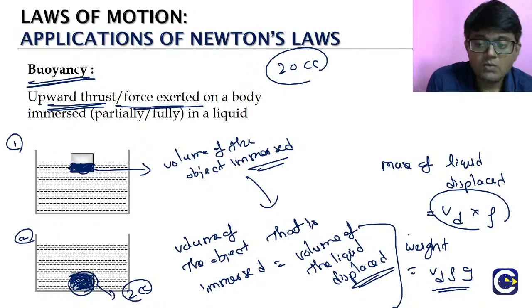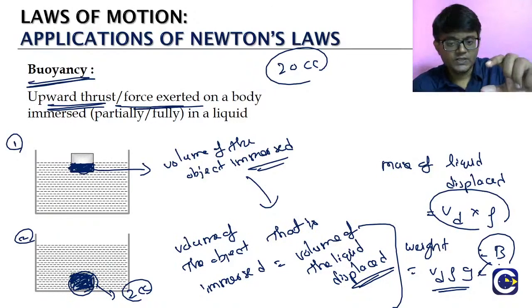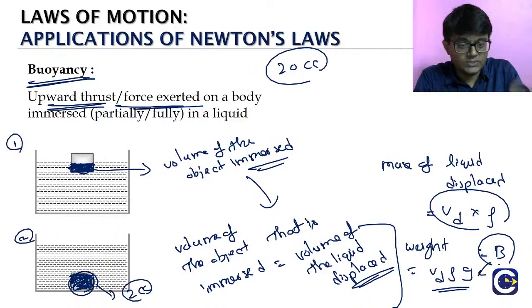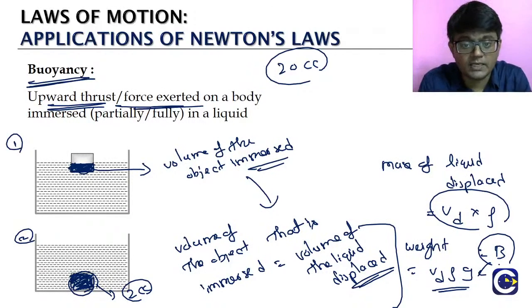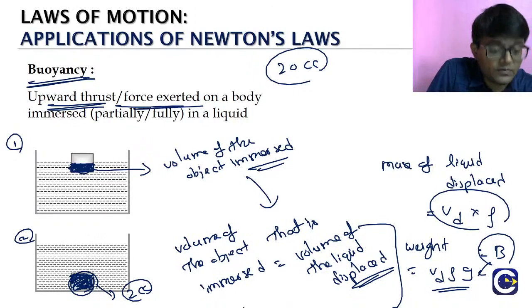So always, what is the buoyancy force value? The weight of the liquid that is displaced. Whatever is the volume of the object that is immersed inside, that will be the volume of the liquid displaced. So Vd into rho, where rho is the density of the liquid. Rho is not the density of that solid. Into g, because buoyancy is the weight of the liquid displaced.